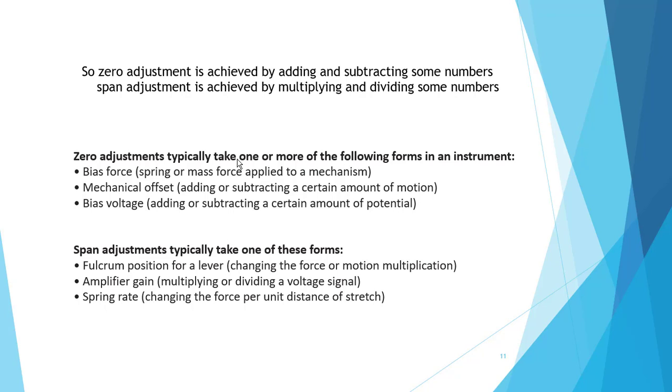In analog devices there is often a zero screw and a span screw for adjustment. In a smart digital transmitter, we don't use these mechanical adjustments.